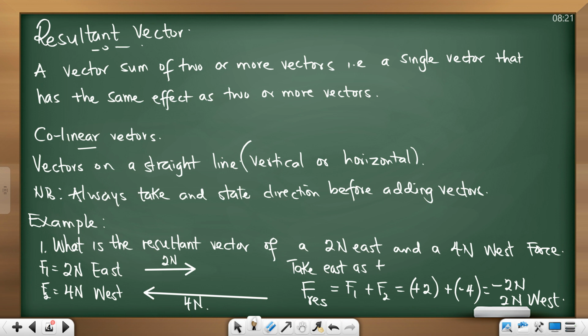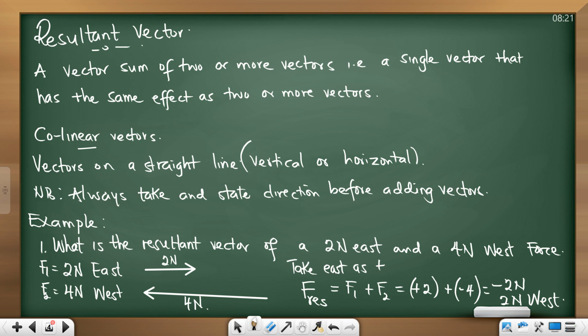Let's look at how to use a diagram. Before we use a diagram, let's try something.